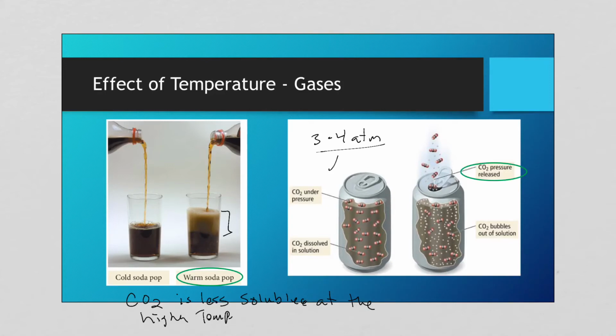This is again why you can't squeeze it. As soon as you open it though, all of the CO2 in this airspace is released. That means the pressure on top of this liquid is now much lower. It's atmospheric pressure, 1 atmosphere.